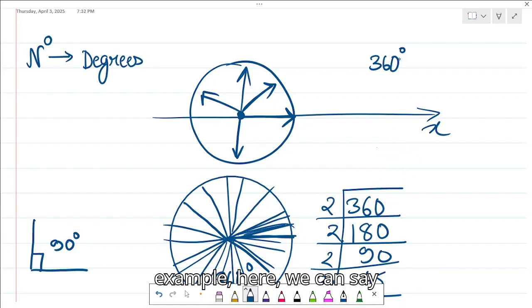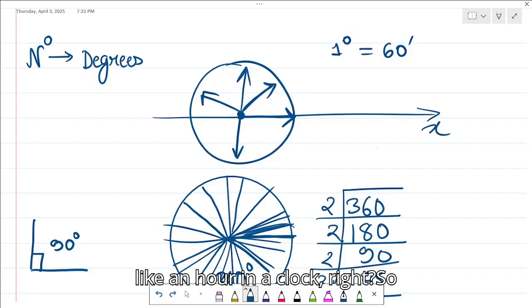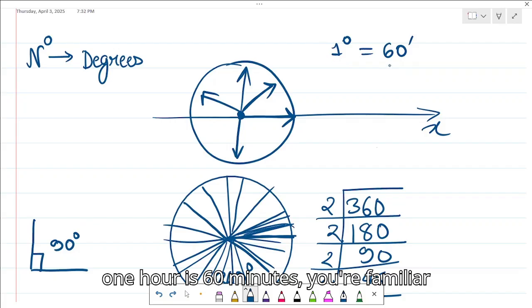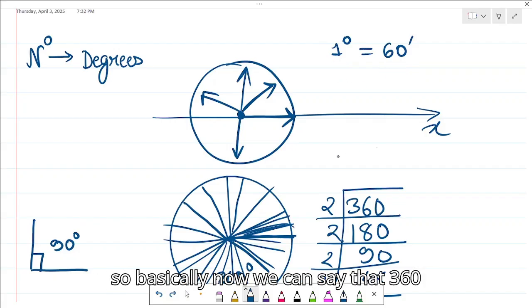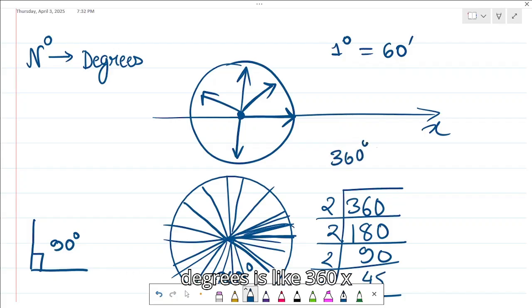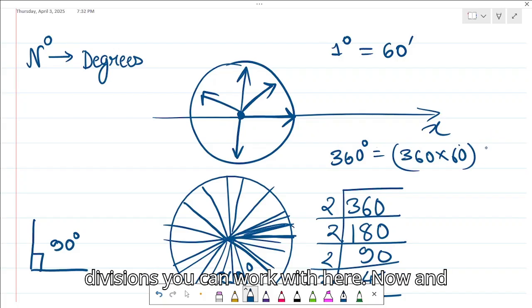For example, here we can say one degree is 60 minutes. So you can think of it like an hour in a clock, right? So 1 hour is 60 minutes. You're familiar with that. And we can even further divide. So basically now we can say that 360 degrees is like 360 times 60 minutes. So that is a lot of divisions you can work with now.